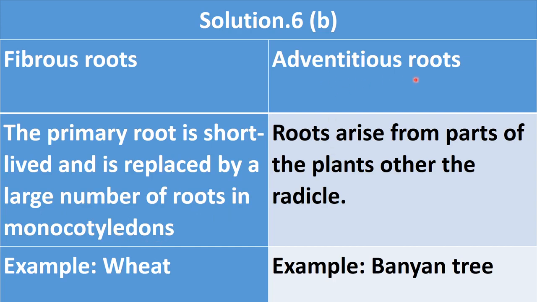And in case of adventitious roots, roots arise from parts of the plant other than the radicle. Here roots are arising from a part other than the radicle, and many similar type of roots arise from the same point, and these are also found in some monocotyledons. Here the example of fibrous root is given as wheat, and the example of adventitious root is banyan tree.